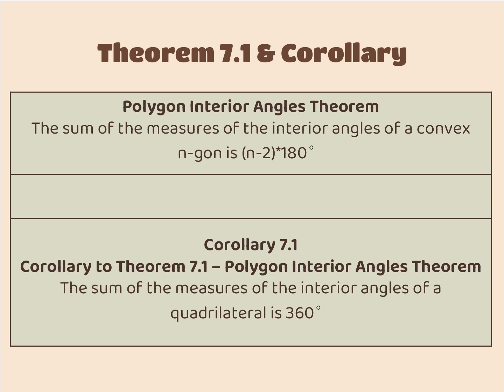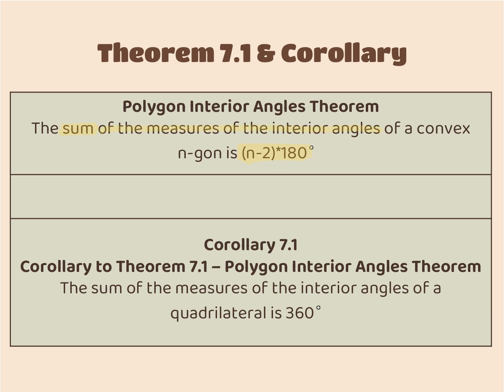Keep in mind, you have to understand that this says the word sum. The sum of the measures of the interior angles of a convex n-gon, meaning the number of sides, is n minus 2 times 180. Again, that's the formula that you're using for the sum of the measures of the interior angles. Please do not forget this.